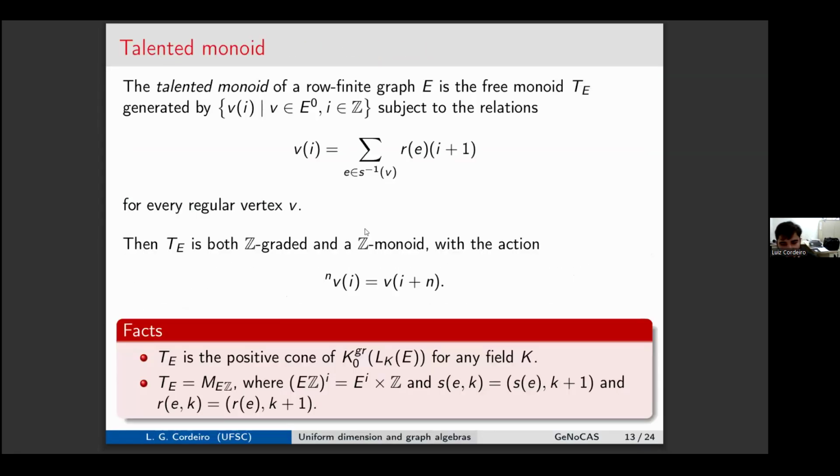Basically, we just apply the relation which defines the talented monoid a bunch of times, letting a vertex be substituted by the ranges that it can reach several times, and by the pigeonhole principle, they should start repeating at some time. So we get vertices which are in a cycle, or if we cannot apply the relation anymore, it means we have vertices which are sinks.